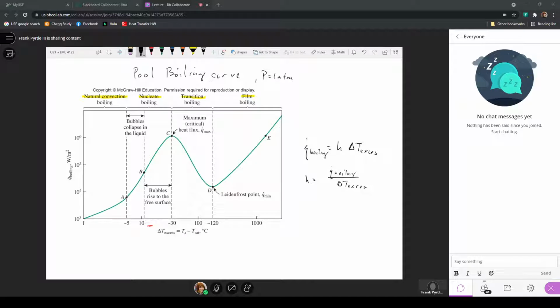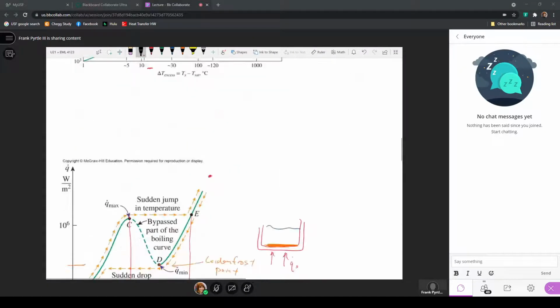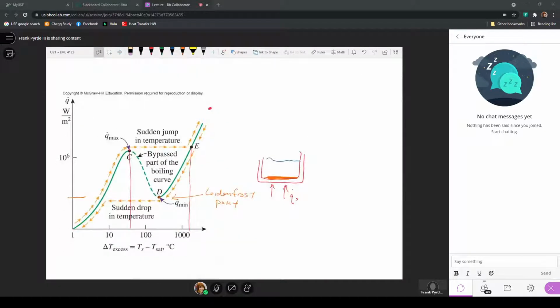So if we rearrange this expression, we get that the heat transfer coefficient associated with the boiling is just the heat flux by boiling divided by the temperature difference between the surface and the saturation temperature. So we can get expressions for heat transfer coefficients all along this curve when we're using water at 1 atmosphere for the boiling.